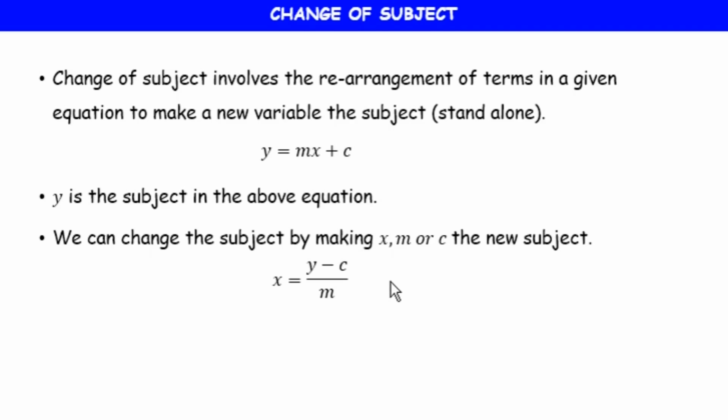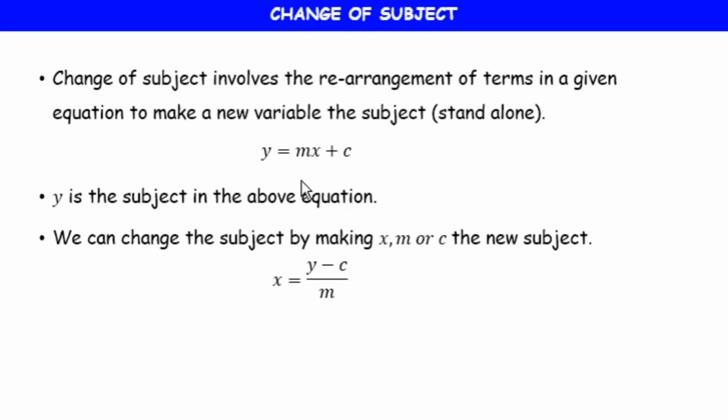Change of subject is just an extension of linear equation, or let me say we perform change of subject when we have a linear equation. And I believe you know that with a linear equation you have two expressions, one expression on the left hand side and another on the right hand side, right?